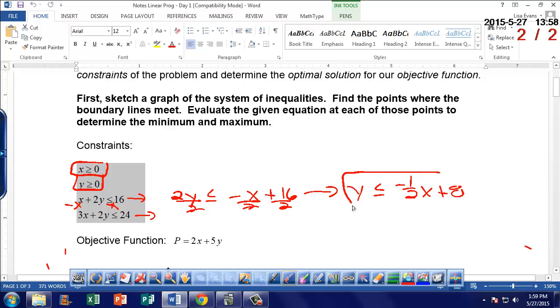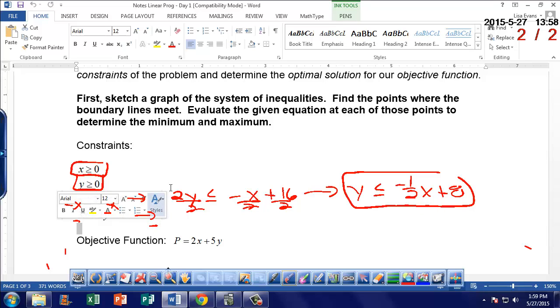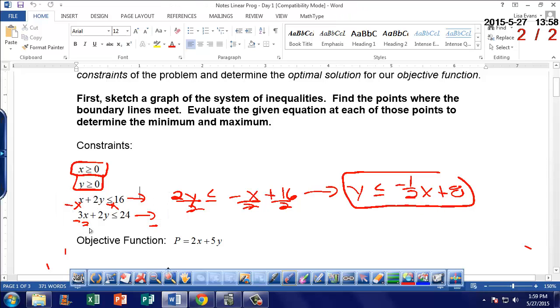So I'm going to put this on my graphing calculator, and then I'm going to go ahead and do the same thing down here. I'm going to subtract 3x on both sides. Divide everything by 2.